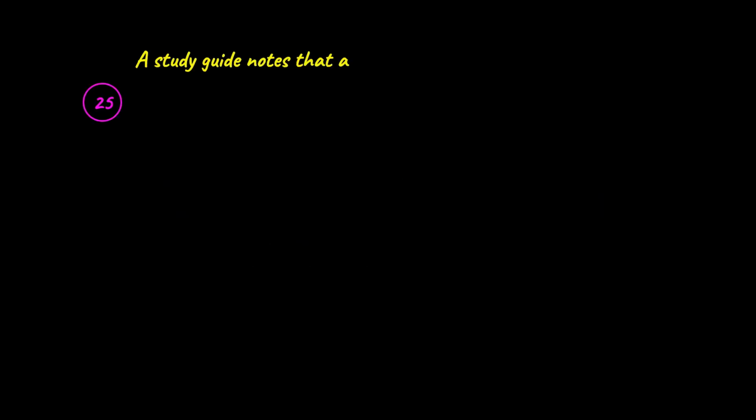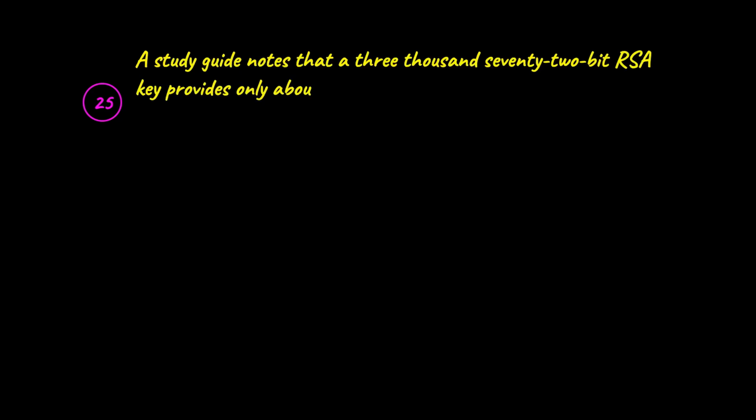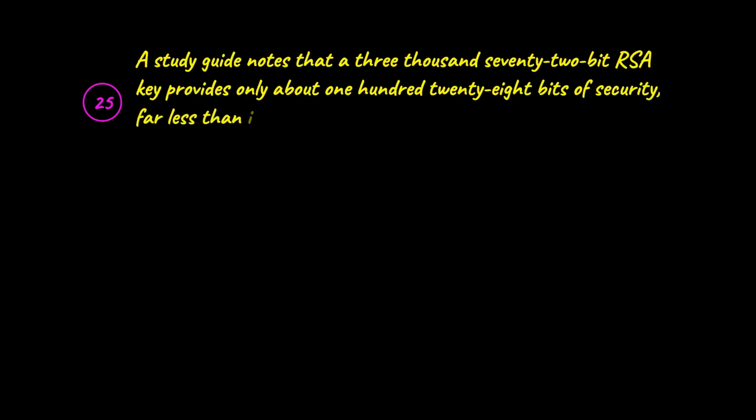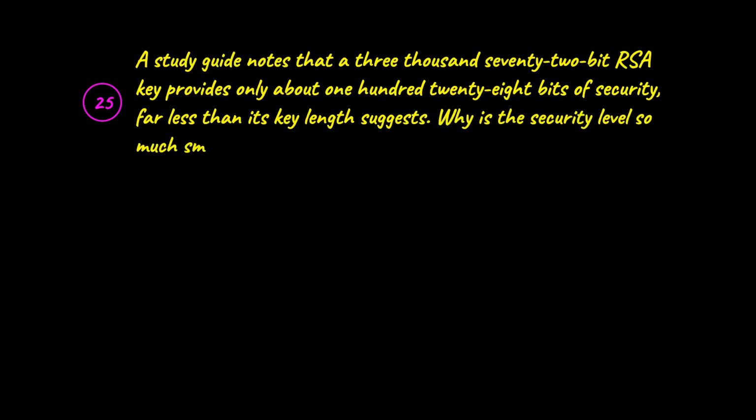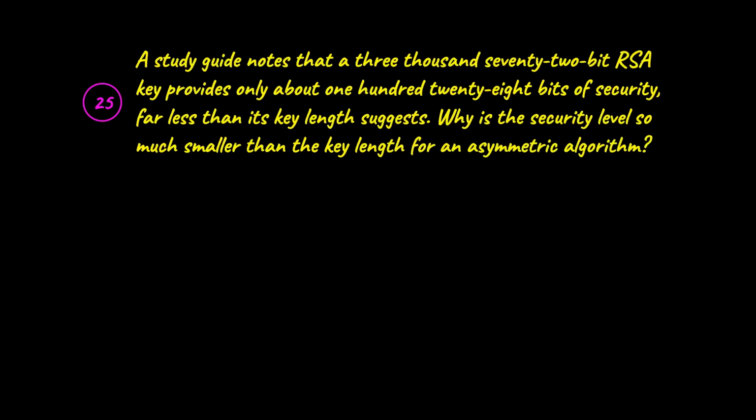Question 25. A study guide notes that a 3072-bit RSA key provides only about 128 bits of security, far less than its key length suggests. Why is the security level so much smaller than the key length for an asymmetric algorithm?